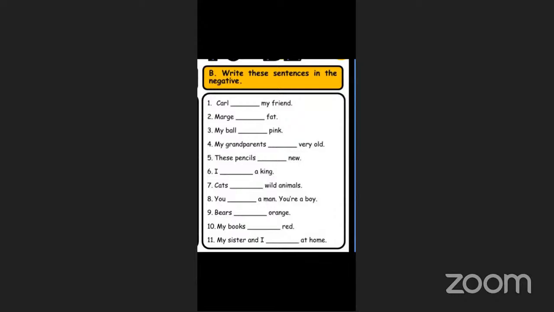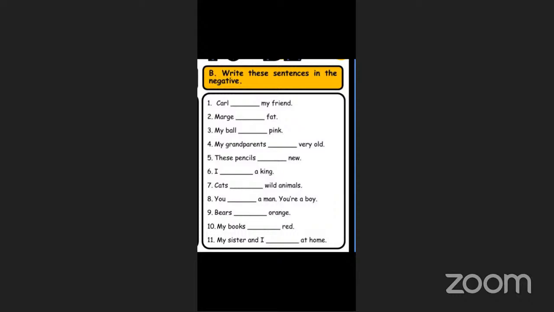Let's move on to number 5. These pencils blank new. These pencils. It's in plural form, so you have to use are not new. These pencils are not new. Or you can say these pencils aren't, the contraction, aren't new.